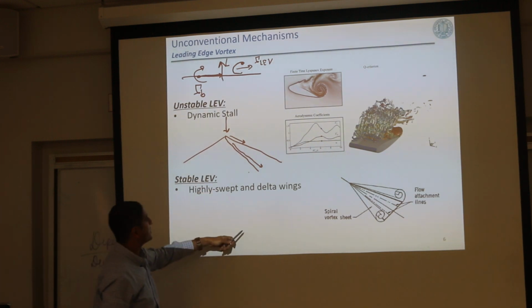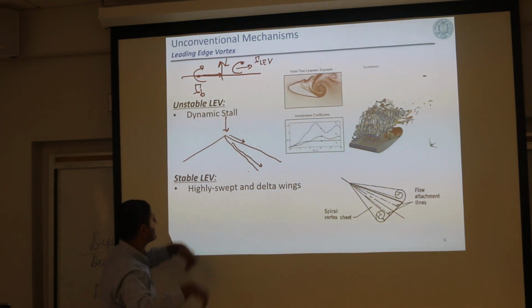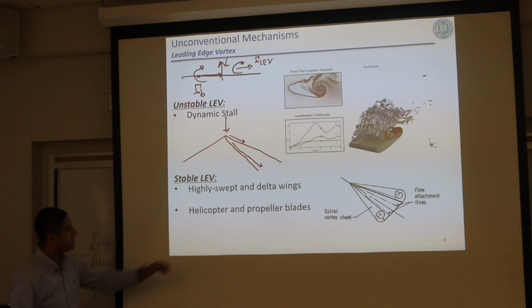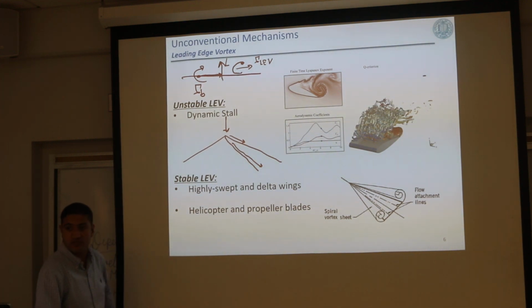So leading edge vortices were observed way before insect days. This span-wise flow also exists in helicopter and propeller blades. So people also know that in helicopters and propeller blades, we do have stabilized leading edge vortices at large angles of attack. Why?